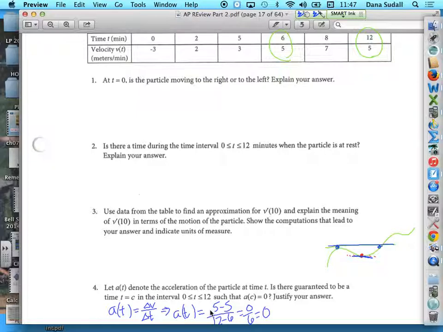And since this function, I'm just going to put it up top here since I can't put it.